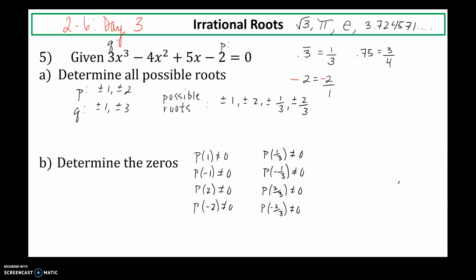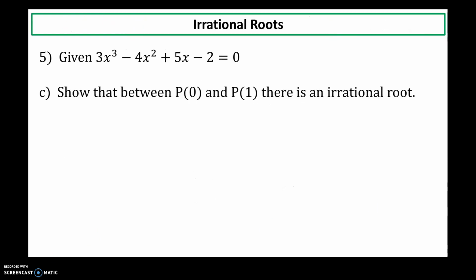Okay, so now what? It doesn't mean that a root doesn't exist. It just means that the root isn't a rational number. So if we had the graph of the function, we could easily determine where the x-intercept is. We don't. But I'm prompted to answer the question, show that between P of 0 and P of 1 there is an irrational root.